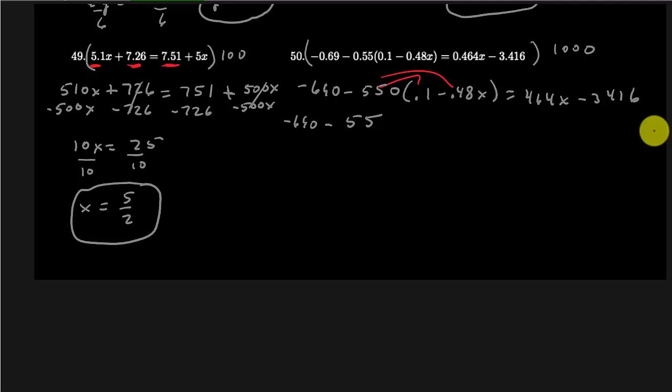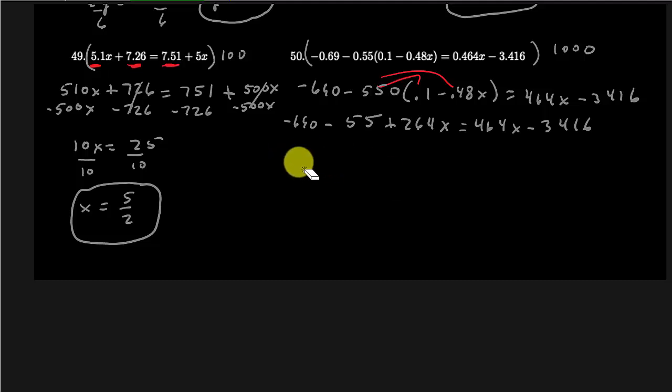And then we've got 550 times 0.48. That's 264. So that's plus 264x is equal to 464x minus 3416. Combine like terms, that's going to be negative 690 plus 264. That's going to give us negative 426x.